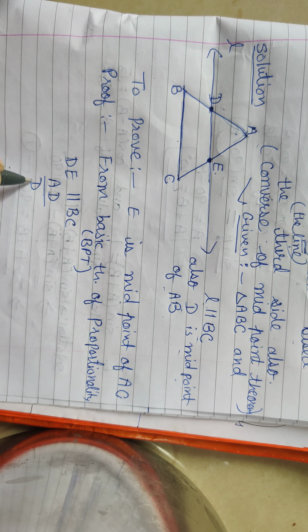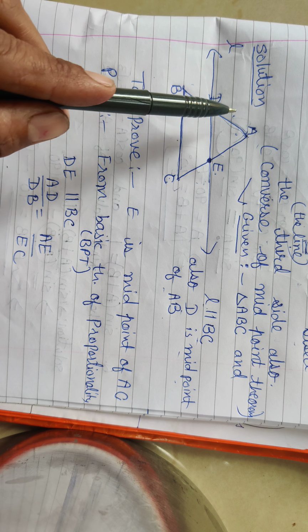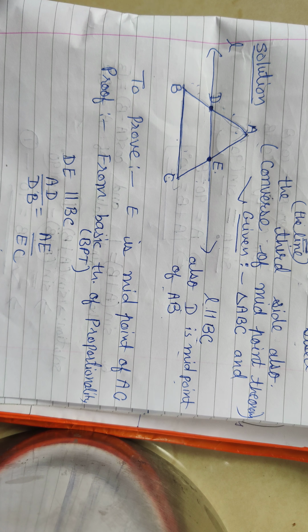What is the basic theorem of proportionality? That if a line is drawn parallel to one of the sides of the triangle, then it divides the remaining two sides into equal proportion. So the two parts of this side and the two parts of the other side, their ratio should be equal.